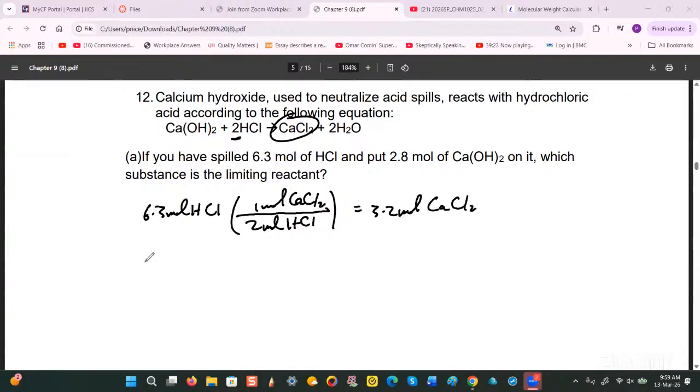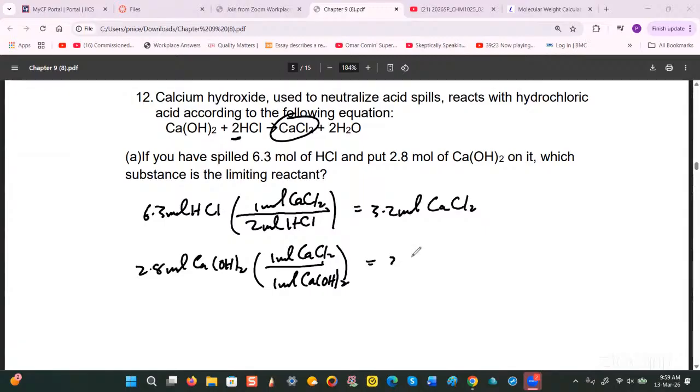Then I'll do the same thing with the calcium hydroxide. I start with 2.8 moles of calcium hydroxide and multiply by the mole ratio to find the moles of calcium chloride. In this case it's a 1-to-1 mole ratio, so I would put 1 mole of calcium chloride above as the numerator and 1 mole of calcium hydroxide below as the denominator.